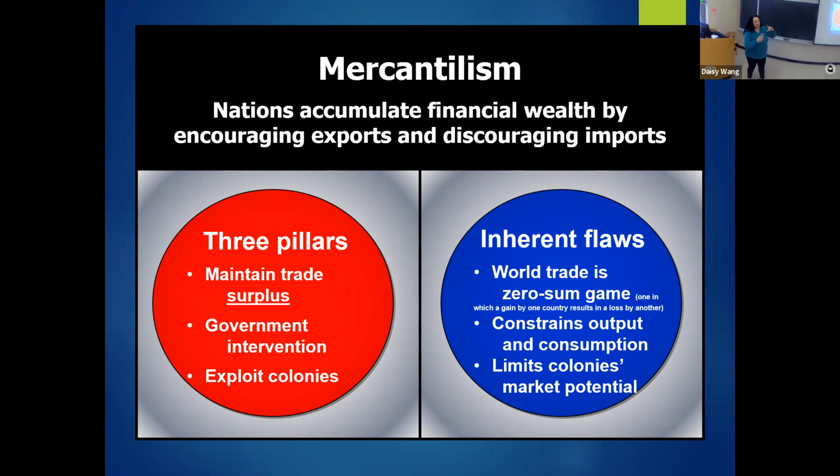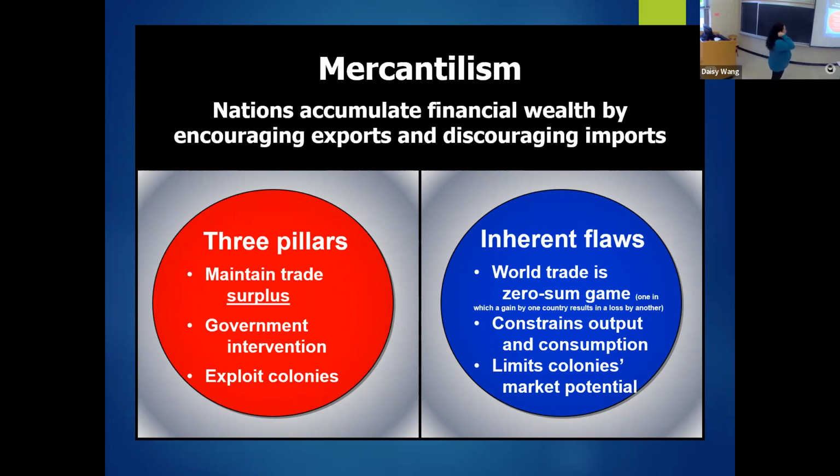They used the gold reserve. They believed that if we sell stuff to another country, we collect gold from that country, so we have more gold in our country. So they would encourage export. They don't want import, because if we import, we're paying other countries our money, right?